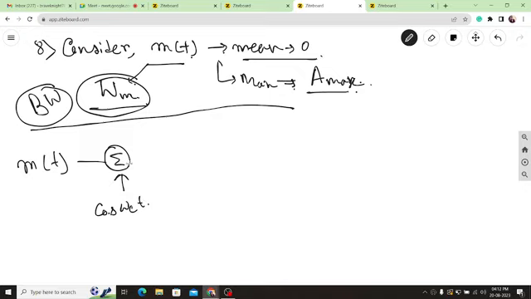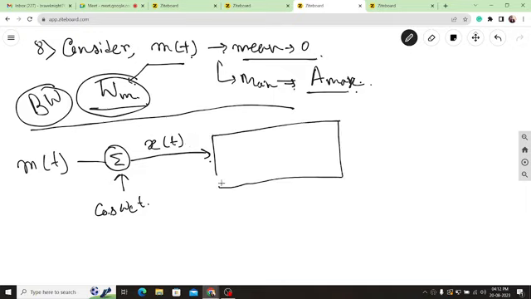After this addition we get a signal x(t). And x(t) goes through a device that does this sort of operation.